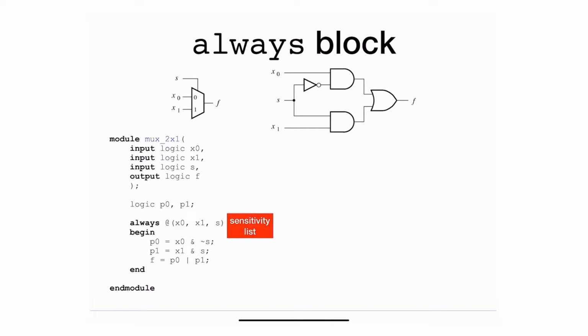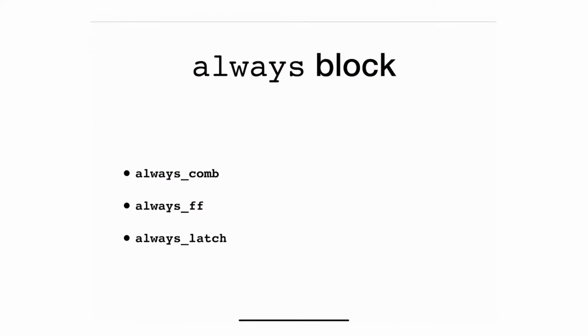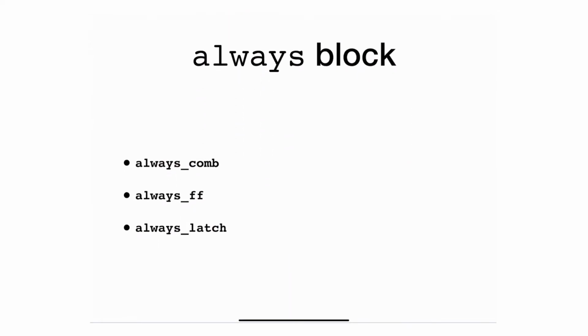So SystemVerilog introduces three additional always blocks. It still supports the older one because it supports Verilog 2001, so whatever you wrote in Verilog should work here just fine. But I find these a little easier and more robust, and your code will be a little less error prone.